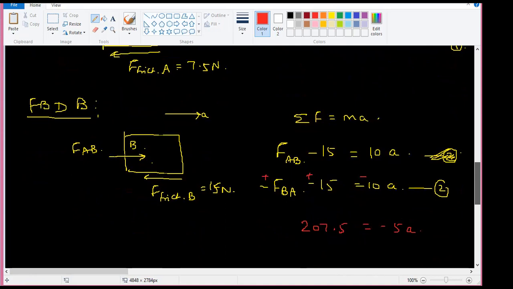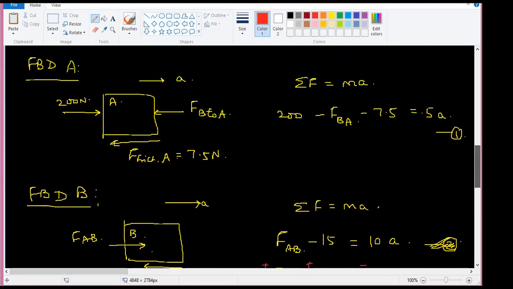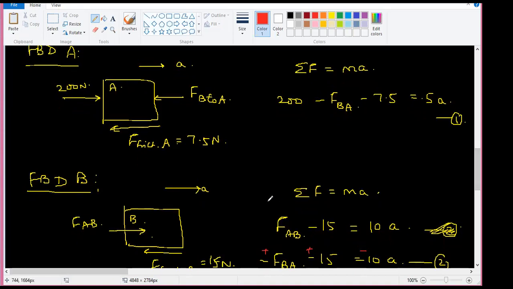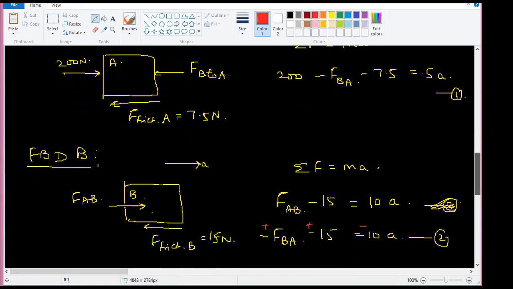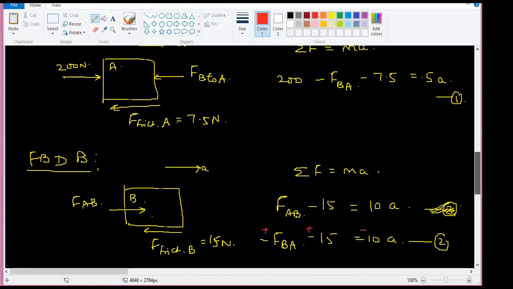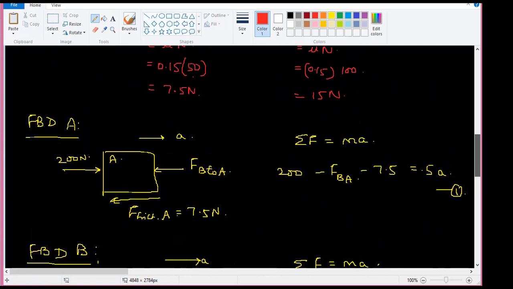I'm getting acceleration negative. How is that? Something wrong here? Am I doing anything wrong? Anybody? Acceleration I'm supposed to get positive. B to A is negative, okay. If A to B is positive, okay. Minus 15 minus 7.5, 200 is positive, okay. Everything looks good.